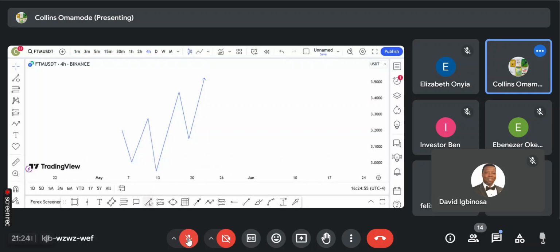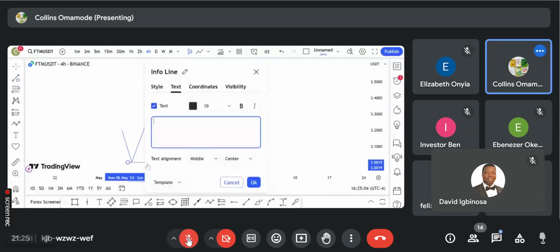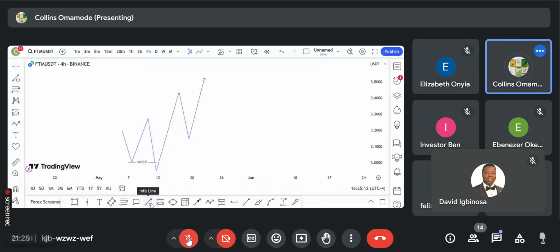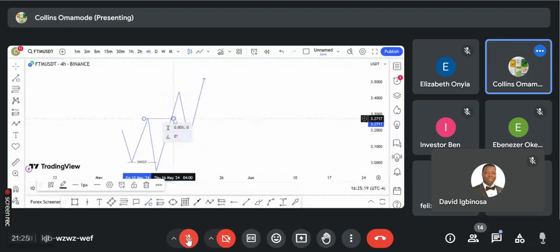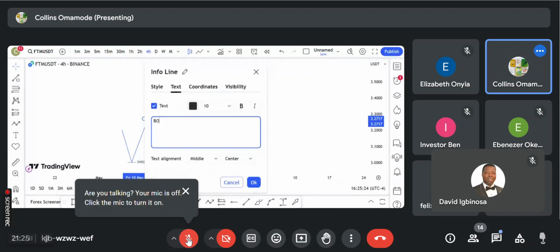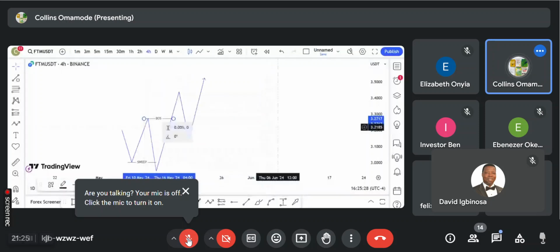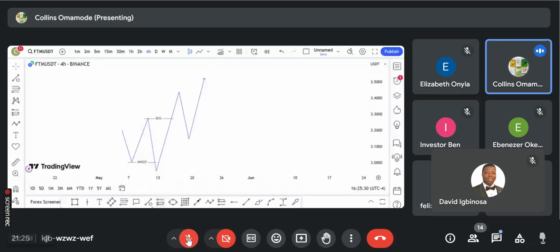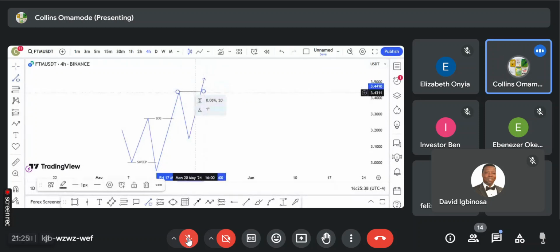I want to see the sweep and break, then another break to give me my structural liquidity close to my POI.